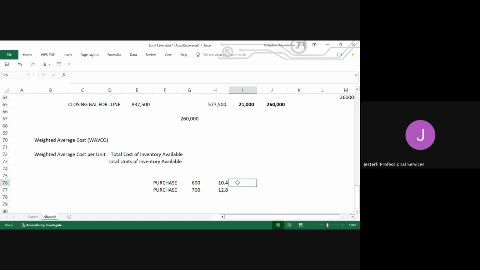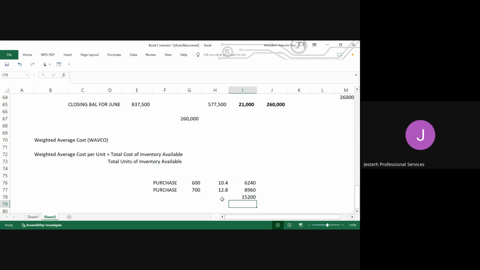Now, what is the value of this first one? This is the total value of what we purchased. And what is the value of the next one that we purchased? This is the total value of what we purchased. Then let's sum it. Since we have not issued out, our first purchase is 6,240, while our next purchase is 8,960.